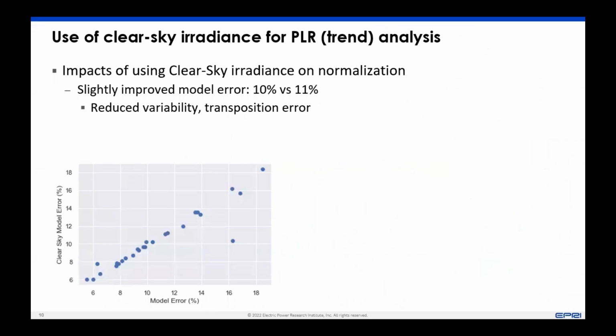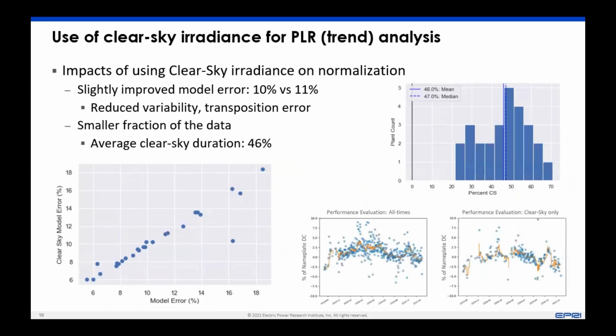We found it is better, but only slightly better. The improved error was 10% versus 11% if you use all the data. So it is a little bit of improvement, but you also lose a lot of data. The average clear sky duration is only 46%.